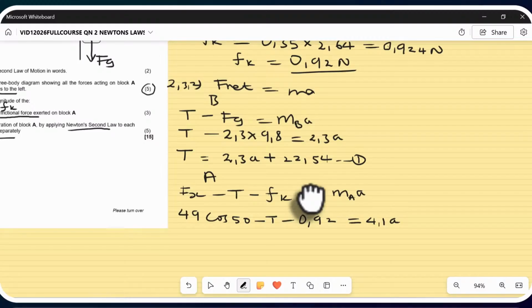Okay, so now because the string is inextensible, I'm going to say equation 1 equals equation 2.